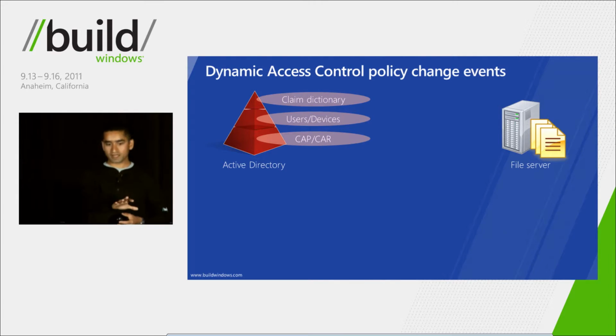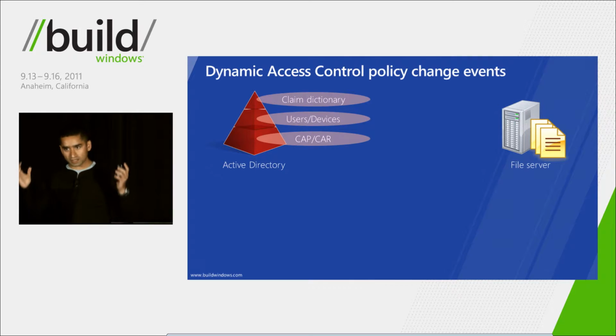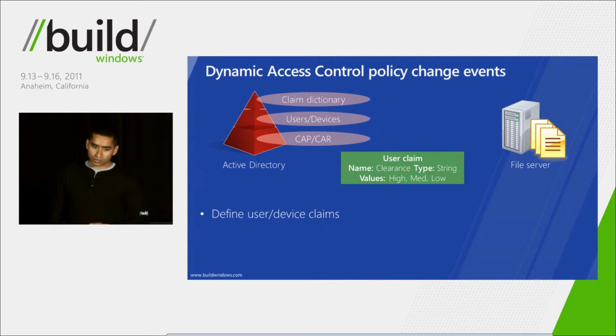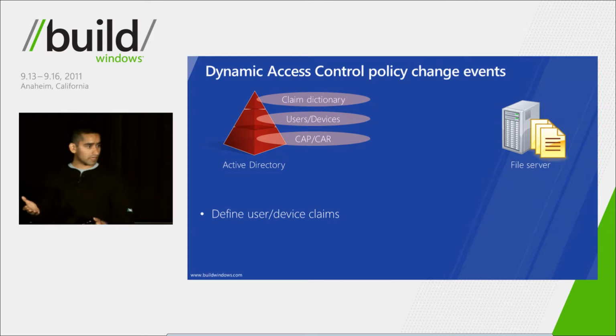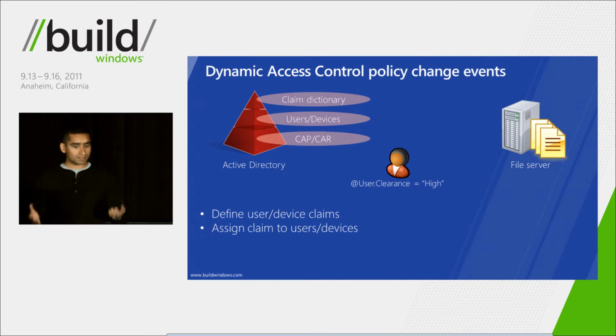What you see here is Active Directory, and the three circles are containers within Active Directory. So there is the claims dictionary, there is the users and device container that contains these objects, and the container that contains the central access policy and the rules. So you define user claims or you modify them. The user claims live in the claims dictionary. You assign claims to users.